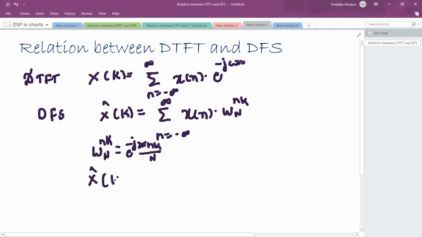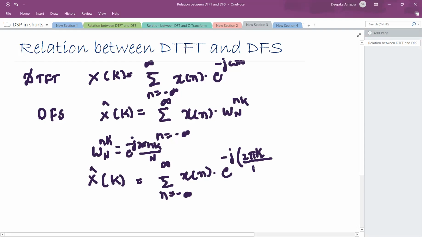Here, for X cap of k, just substitute the twiddle factor in the fashion of the DTFT equation. So it will be x of n into the twiddle factor. I'll keep e raised to minus j as it is, and keep the n part outside, writing 2 pi k by N into n, because I want it in this fashion, minus j omega n.